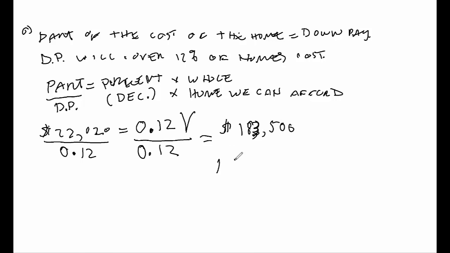So $183,500 is the home we can afford, given what we have set aside as our down payment.